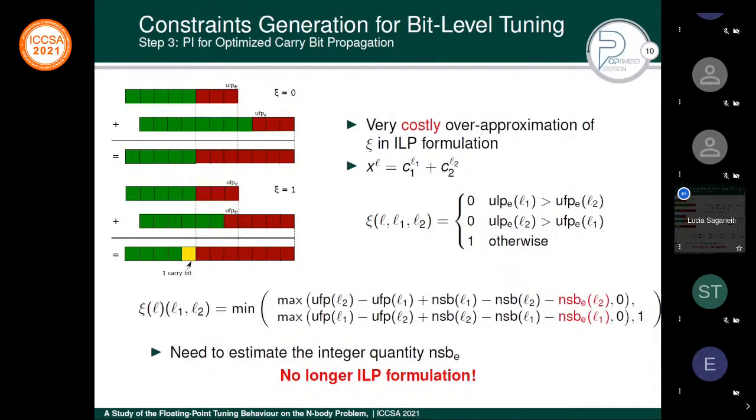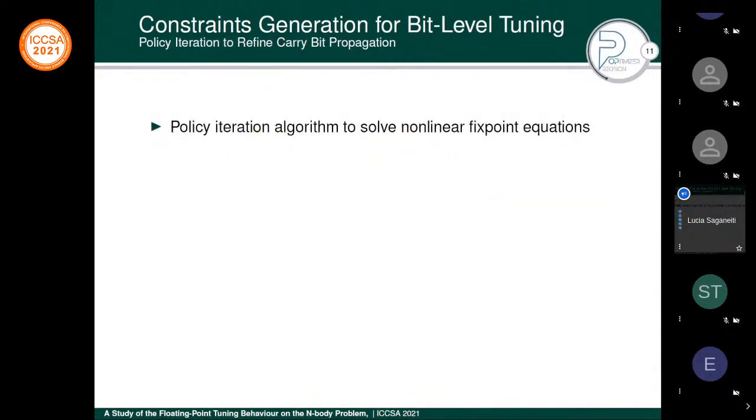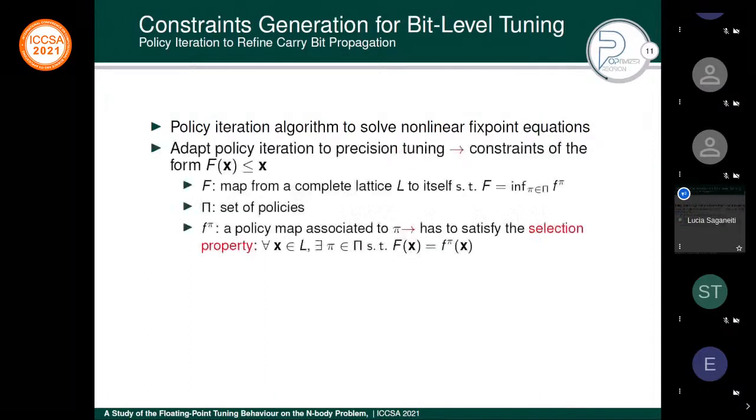So for this purpose, we will use the policy iteration technique, which is used to solve nonlinear fixed point equations. So to be brief, we have adapted the policy iteration technique to the precision tuning problem, because we have constraints of the form f(x) ≤ x, where f is a map, P is the set of policies, and f_p is a policy map associated to p.